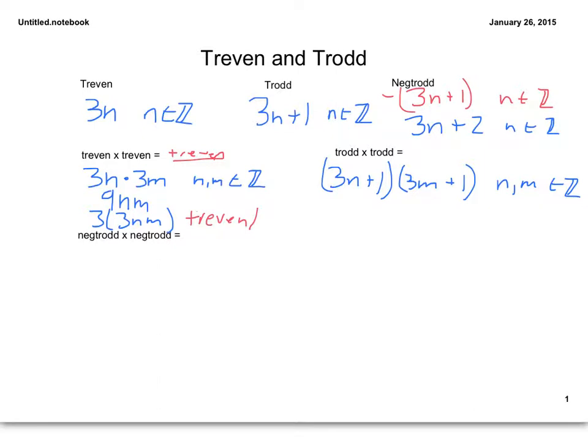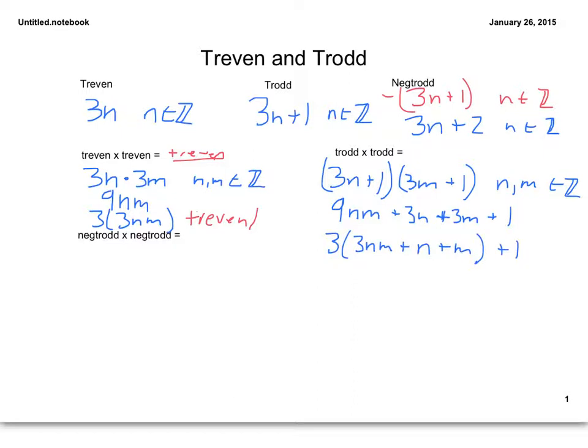Okay, so multiplying through. Alright, this one gets a little bit tricky. When I multiply these two together, I get 9nm. And then I do the outside, 3n. Then I do the inside, 3m. These are different from each other. This one is with n, and this one is with m. And then the last I get 1. Now, I need to show that this is of some kind of format, so I want to see, is there anything I can factor out of a group of these? 9, 3, and 3, yes, I can factor out a 3.